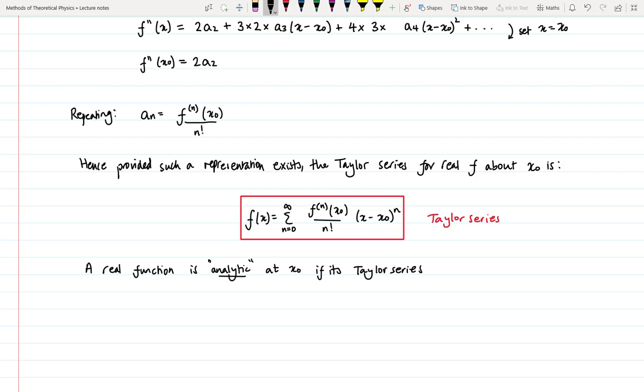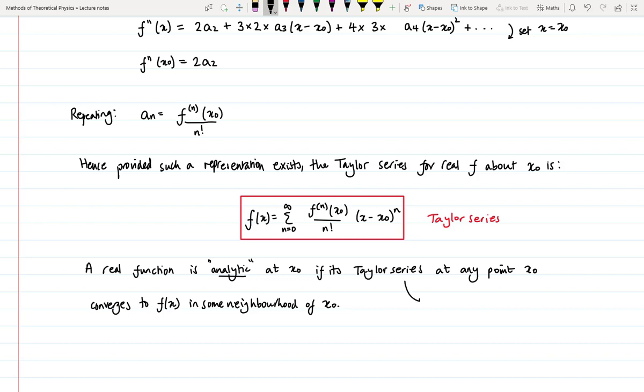So a real function is analytic at x naught if its Taylor series at any point x naught converges to the function in some neighborhood of the point x naught. In other words, if we consider a point in some small region about the point x naught, we can approximate the function value there by using the Taylor series expansion at x0.